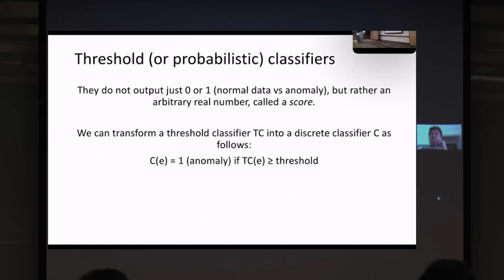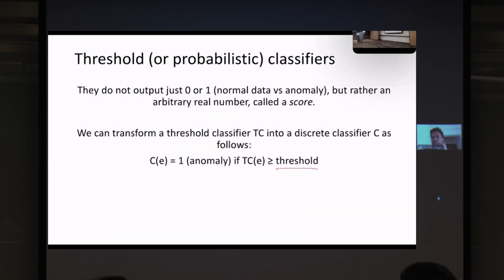But let's see. Most of the classifiers do not output directly anomaly or normal traffic, positive or negative, but most of them output a floating point, a real number, a score. And then you need to interpret that score. And how do we usually do that? Essentially by using a threshold.